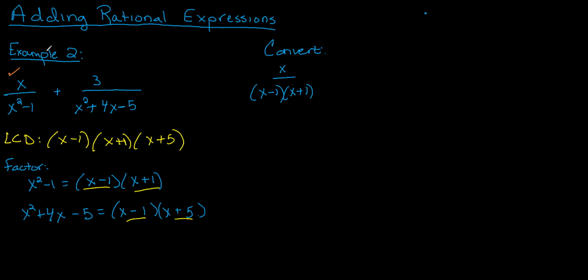I need to multiply that by something that gives me my desired least common denominator. The desired least common denominator had an x minus 1 and x plus 1 as factors and the x plus 5 as a factor.